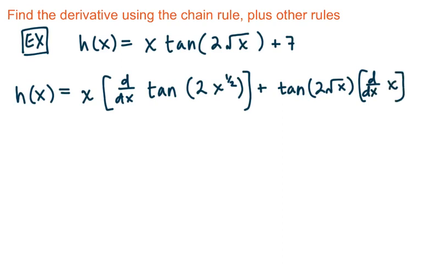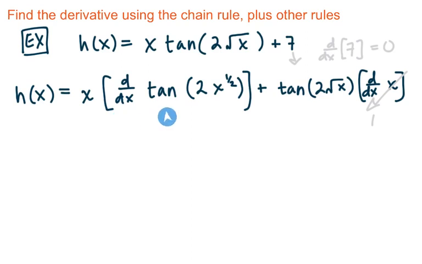And then, as I mentioned, the derivative with respect to x of 7 is 0. So we have a plus 0 here at the end that we do not need to write. All right, so the derivative with respect to x of x, that's just going to go to 1. So that's going to go away.